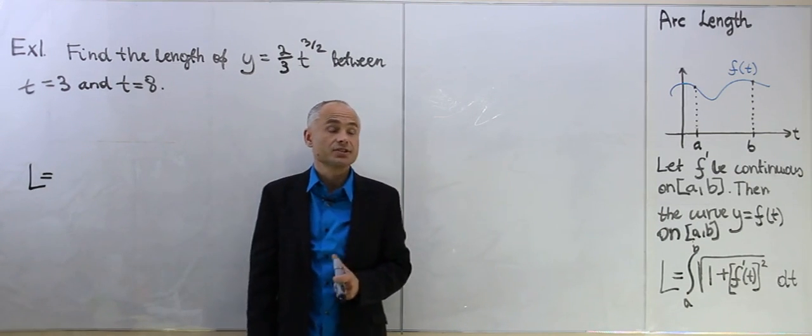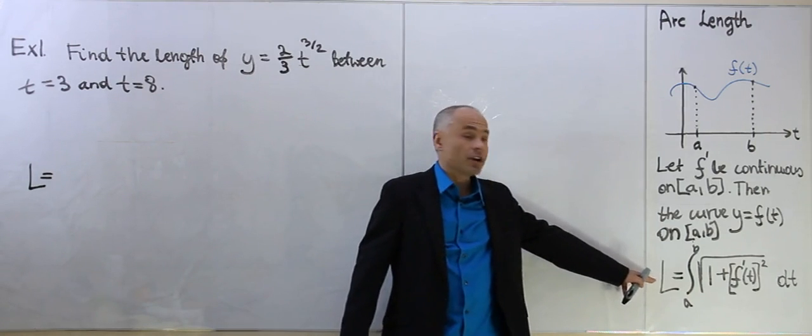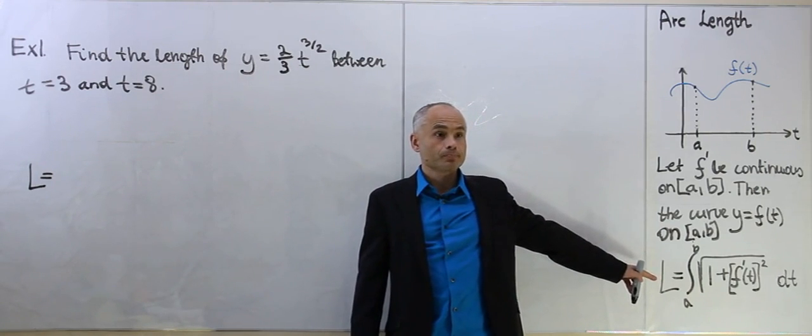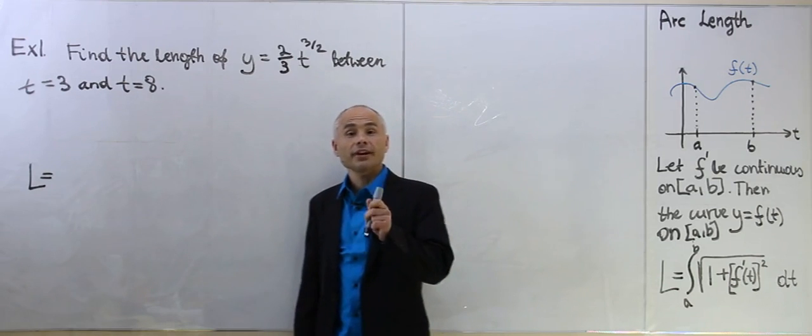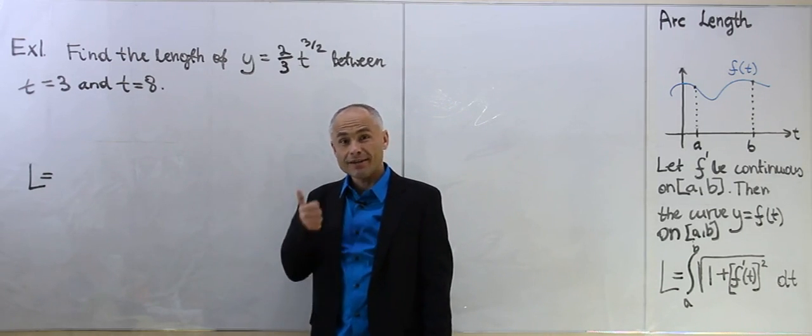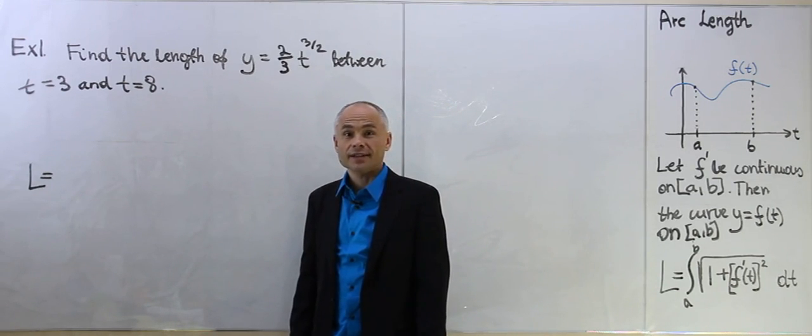I'd like to give you a second to try to apply our arc length formula. And if you are interacting with us online, it's a good time to pause this mini lecture.